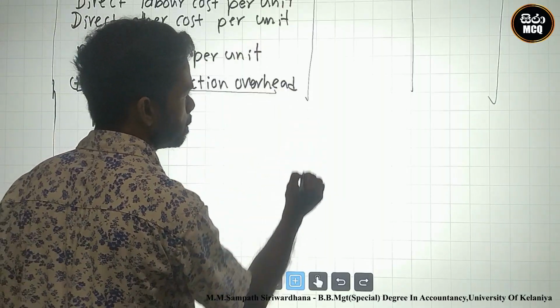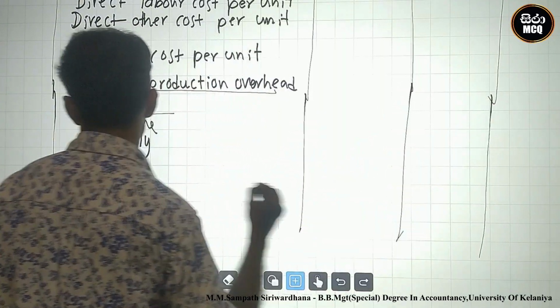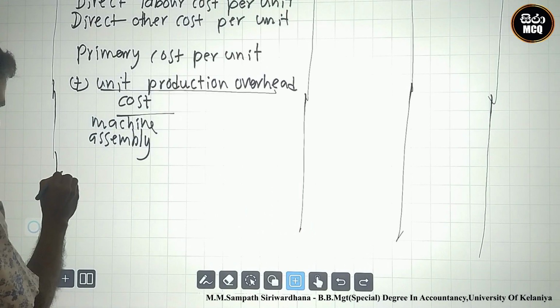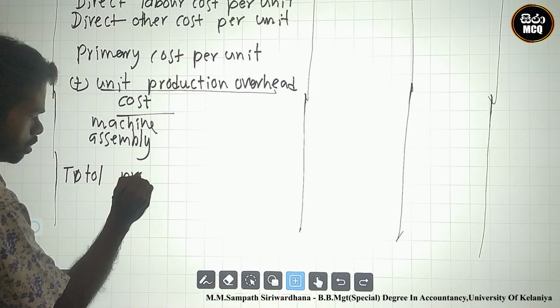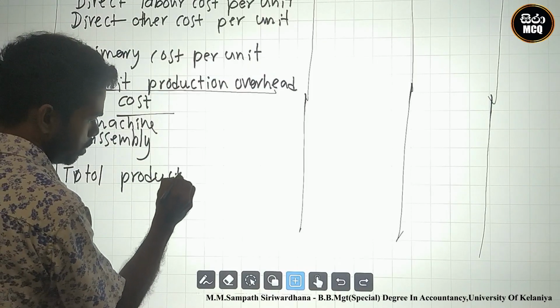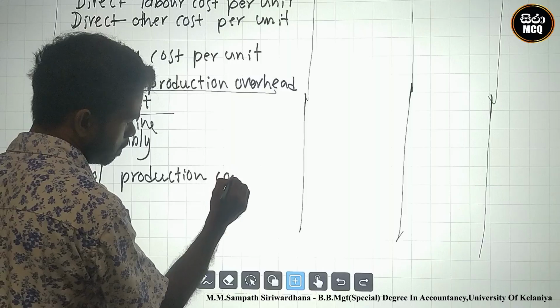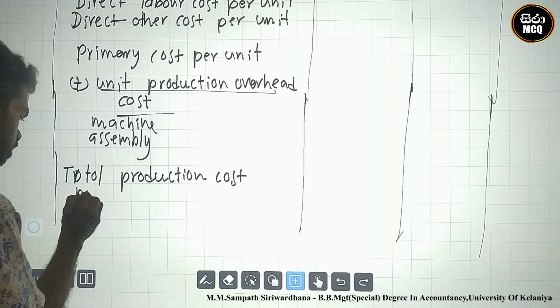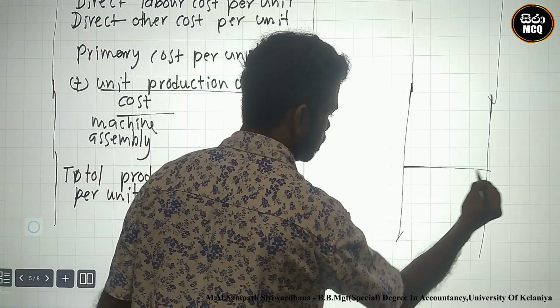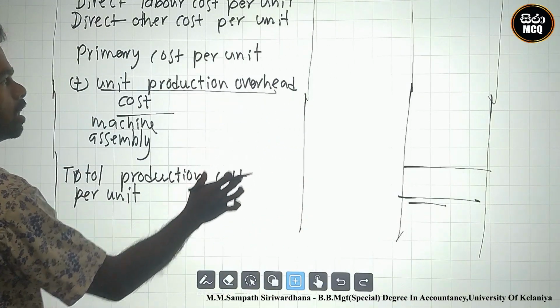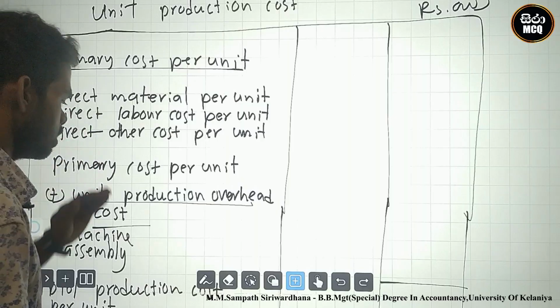After that, we can calculate the total production cost per unit. This is the final answer, and we can calculate it using this information.